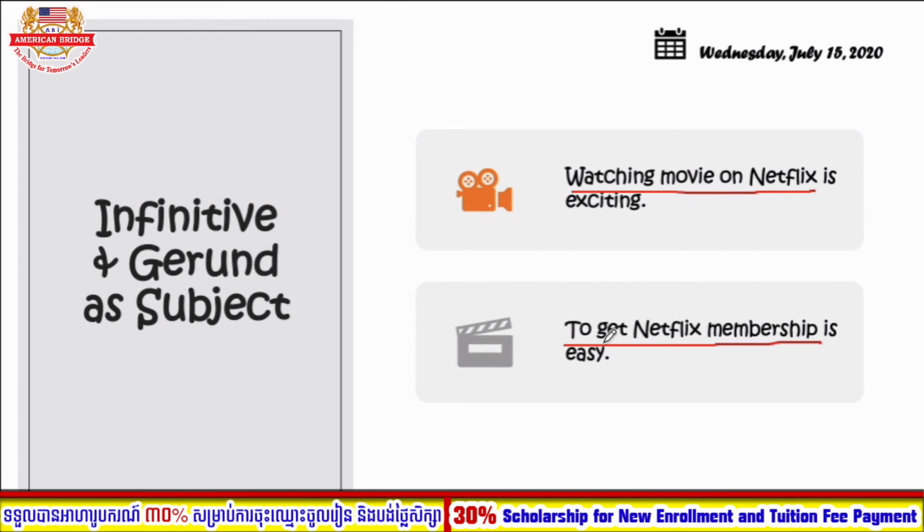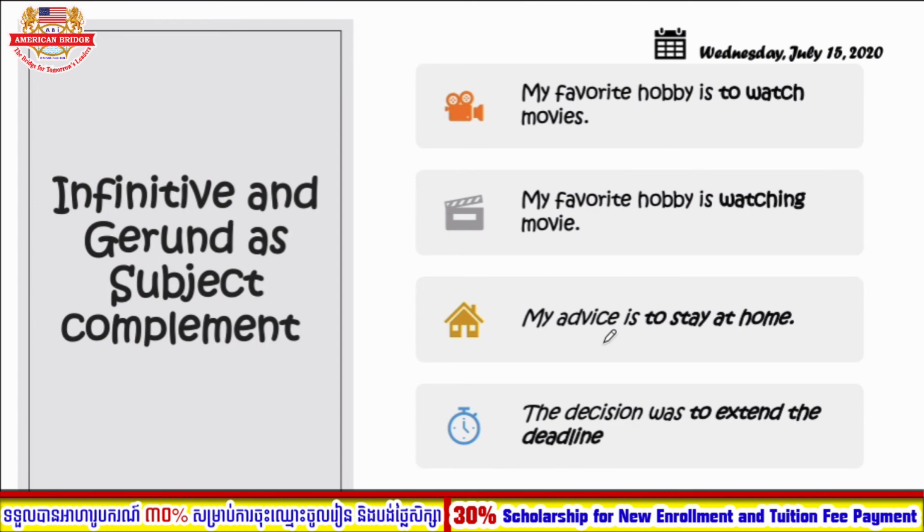Let's move on to the last point, which is infinitive and gerund as subject complement. Again, complement refers to the word or word groups that add more information to the subject or object. In this example, we call it subject complement, which means these words give more meaning to the subject. Another easy way to remember is when the subject and the object are the same, we call it complements.